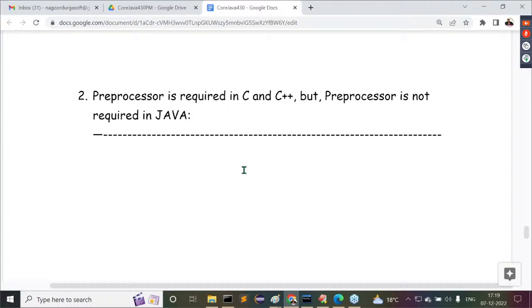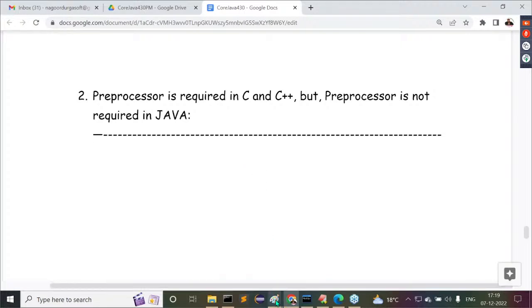After that, we are going to understand why it is required in C, C++ and why it is not required in Java. First, understand what is preprocessor, what is the job of this preprocessor. Yes, sir. All of you are following the points or not? So don't have any diversions. Sit clearly and listen to the points I am telling you. Easily you are going to understand each and every point. Okay, fine.